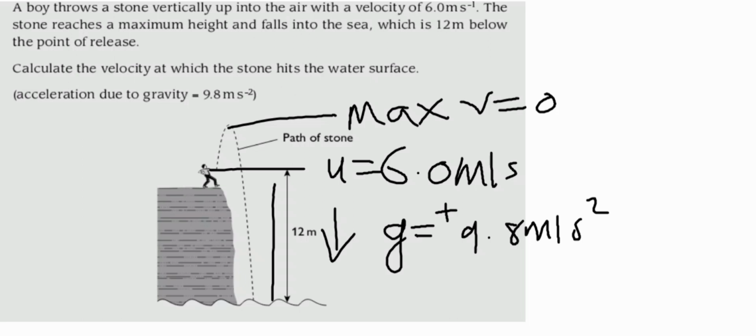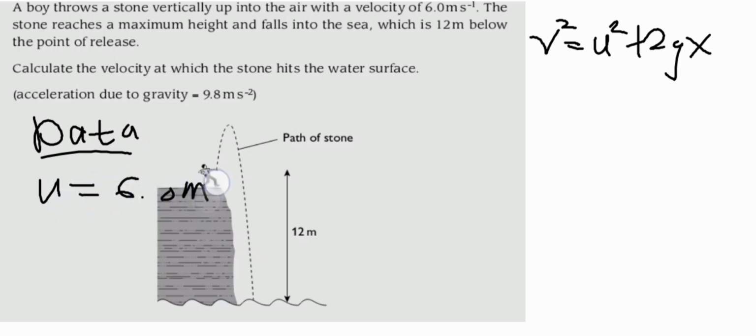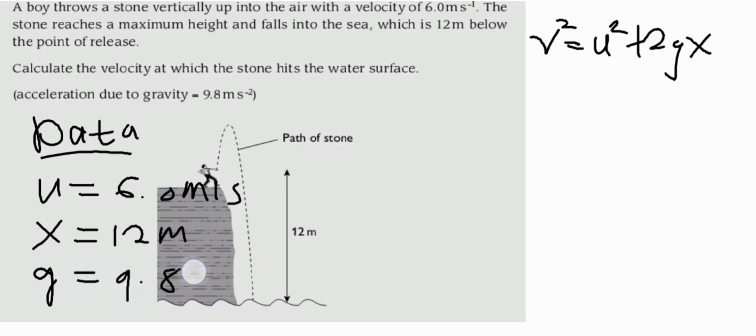So for us to find the final velocity, we are going to use this formula: v squared is equal to u squared plus 2 multiplied by the acceleration due to gravity multiplied by the height. So our data here: we have the initial velocity, which is 6.0 meters per second, the height, which is 12 meters, and the acceleration due to gravity, which is 9.8 meters per second squared.